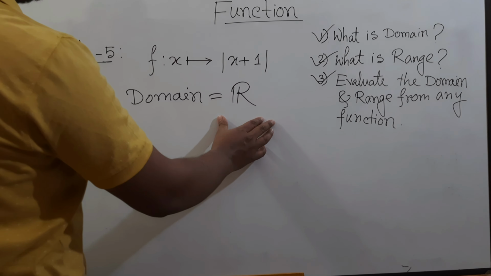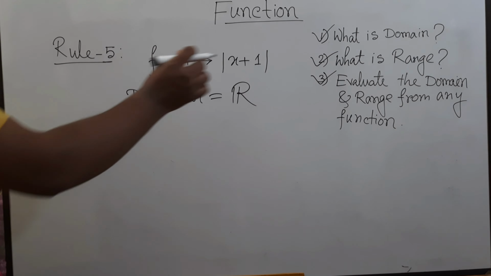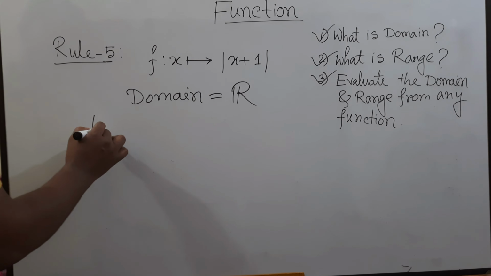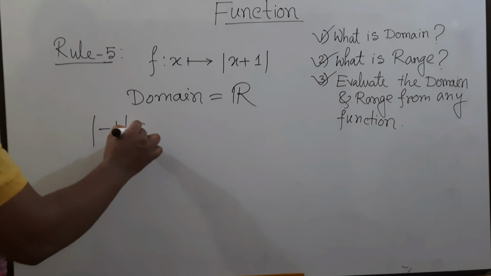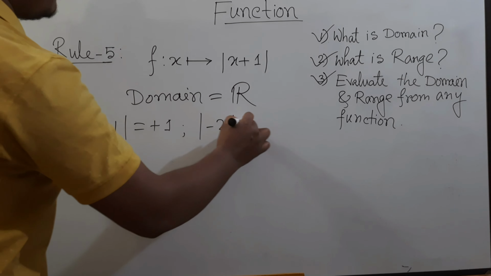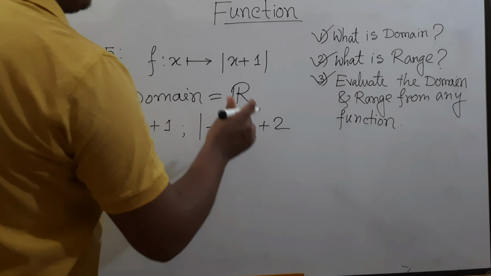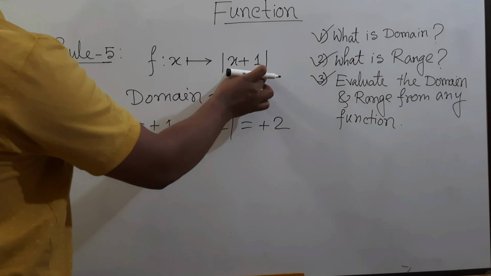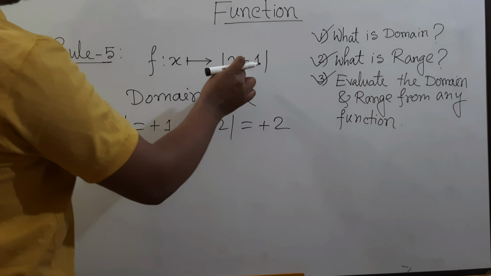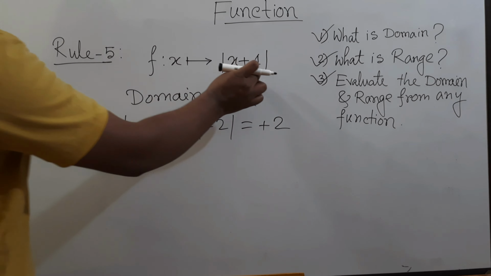But what will be the range? We know that the output of this modulus is always positive. If it is -1, it becomes +1. If it is -2, it becomes +2. That's why for any value of x, it cannot be negative. So what will be the least value of this function?